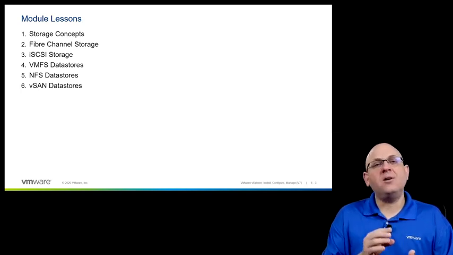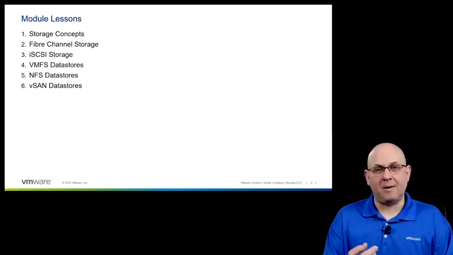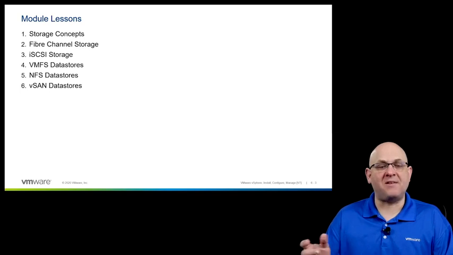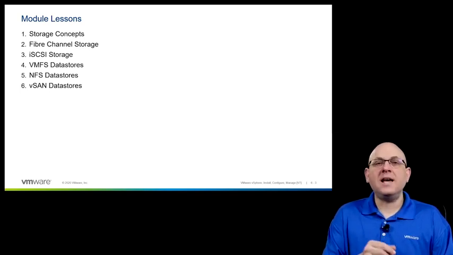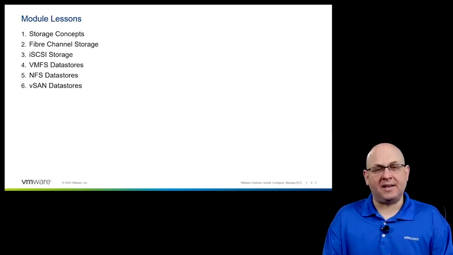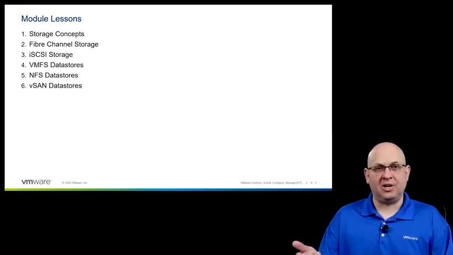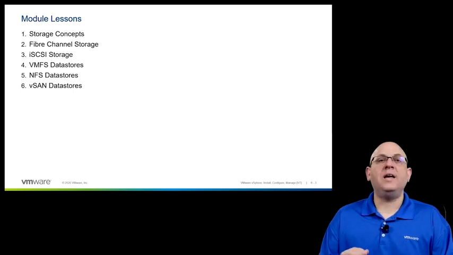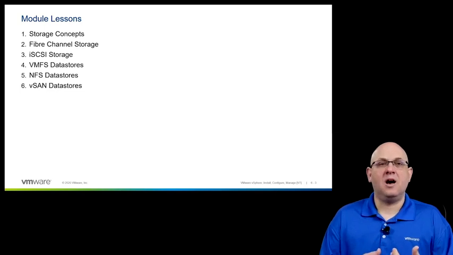Now, that file system that we use when we're dealing with block level storage like fiber channel and iSCSI is called VMFS, or the virtual machine file system. The next thing that we're going to look at are NFS data stores. And NFS is your network file share system, where we have typically Unix-based systems.